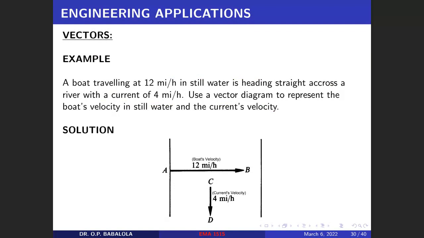So we want to look at the engineering applications of all the angles, triangles, and other unique triangles we have considered. The first would be to look at vectors, and I'm sure a lot of us will be familiar with vectors. What do you understand by a vector? How is a vector different from just a line?